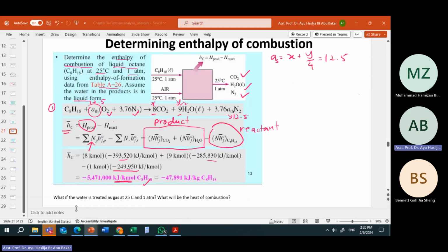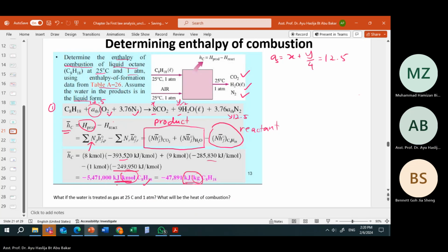Kalau the question requires for mass basis, kilojoule per kg. Kg is mass lah. Mole basis, mole lah. So kalau mass basis, the mole ni is divided by molecular weight.